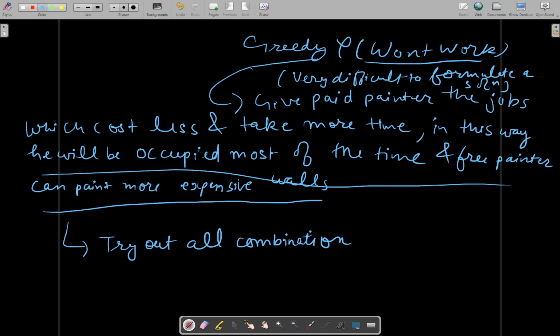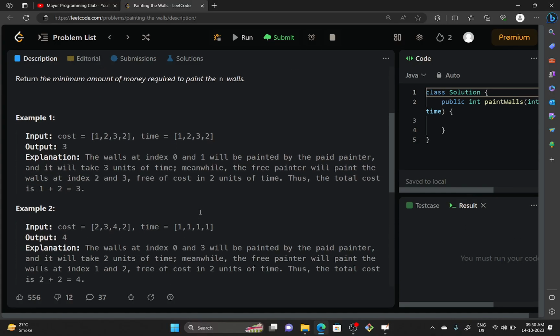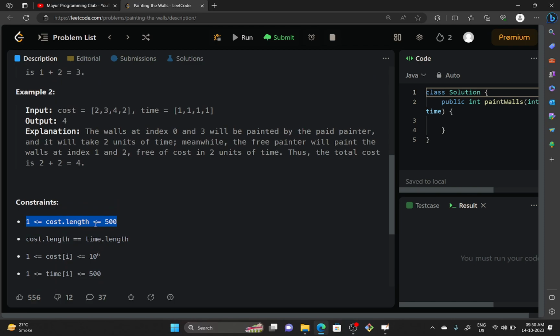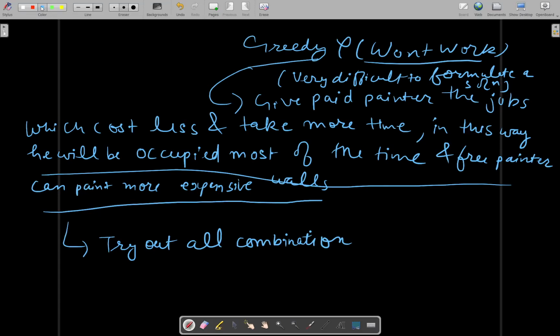So if we look at the constraints, the total number of walls will be of order 500.